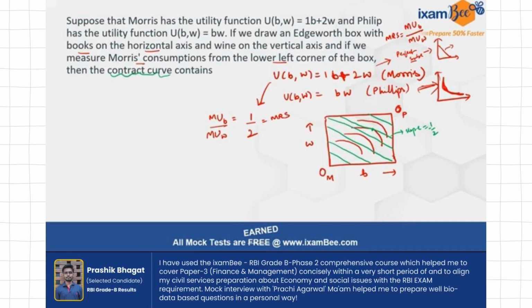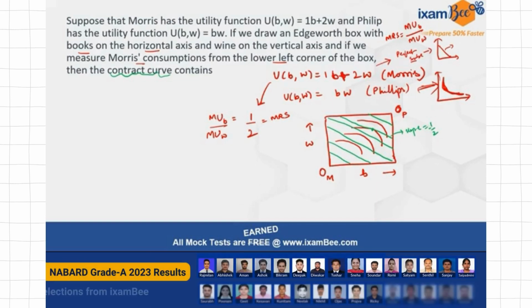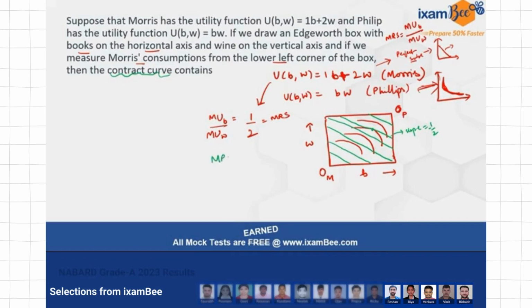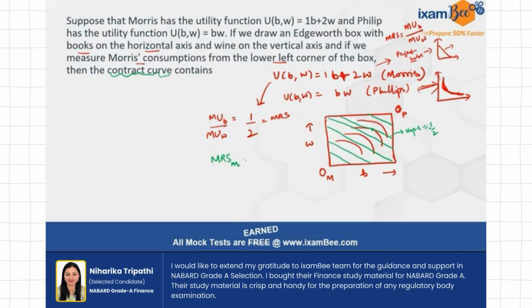And what was that tangency condition? The tangency condition would require that the MRS for the indifference curve for Phillips should equal the MRS for the indifference curve for Morris. So basically MRS of Morris should equal MRS of Phillips, right?